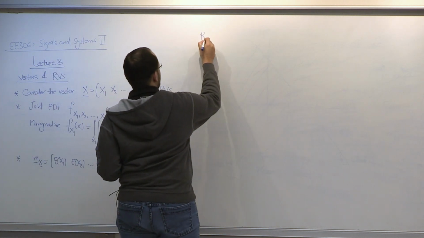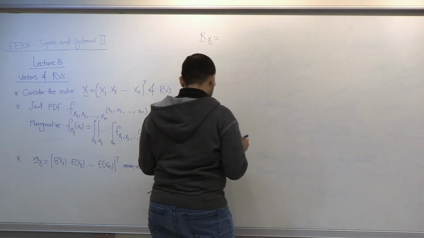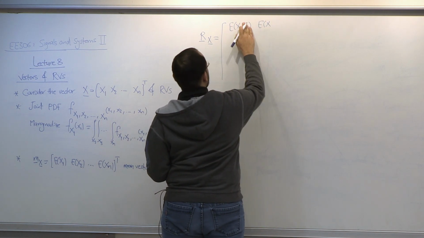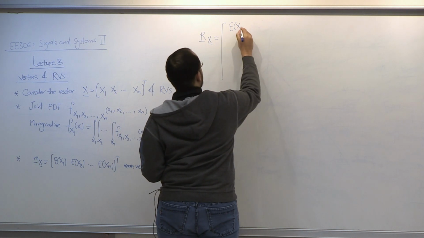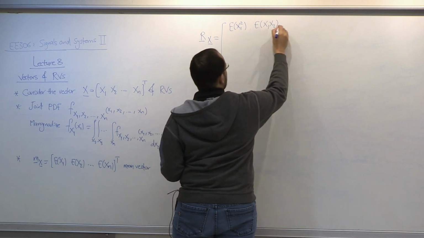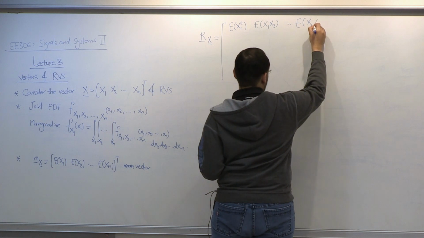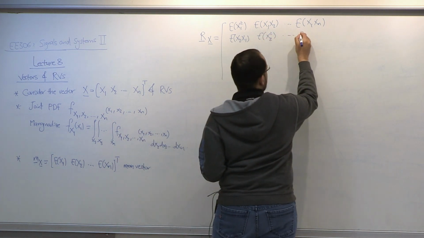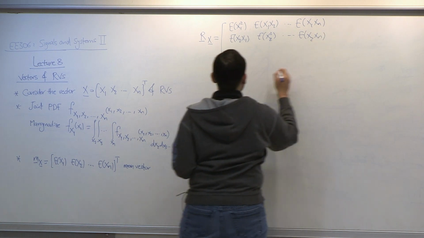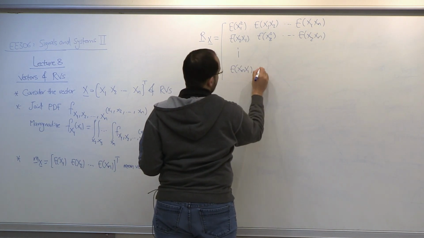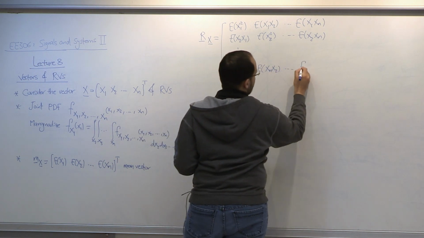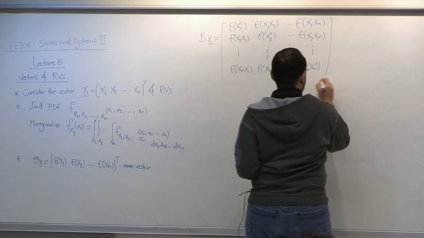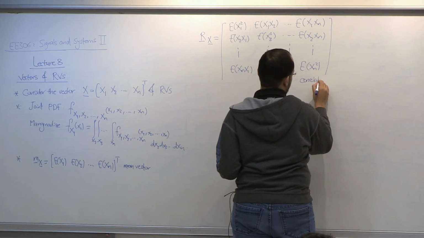And then we have Rx, this big matrix: the expected value of X1 squared, the expected value of X1X2, up to the expected value of X1Xn; the expected value of X2X1, the expected value of X2 squared, up to the expected value of X2Xn; and then the expected value of XnX1, the expected value of XnX2, up to the expected value of Xn squared. This is called the correlation matrix.